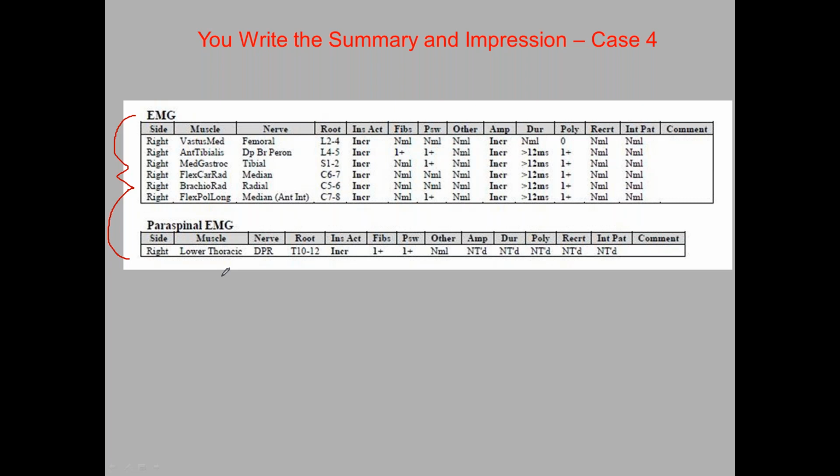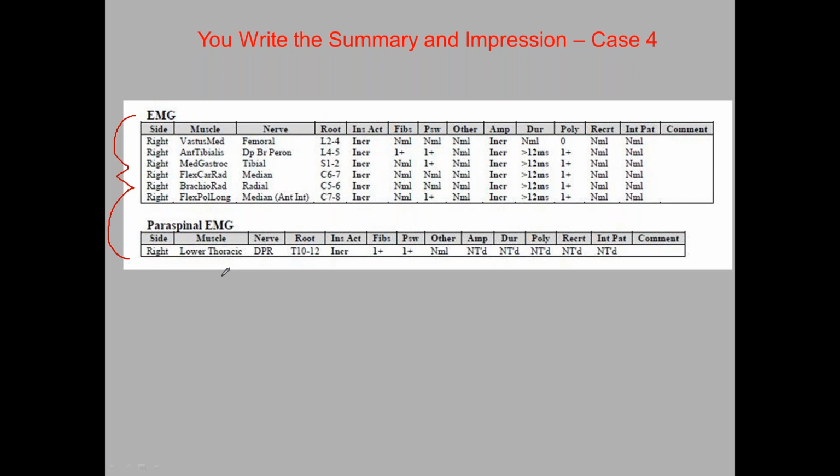Okay, what we see, Kathy, is evidence of ongoing denervation in muscles from the bilateral lower extremities, right upper extremity, and right lower thoracic paraspinals. And what I would say, you see it now? Now. It just came over.